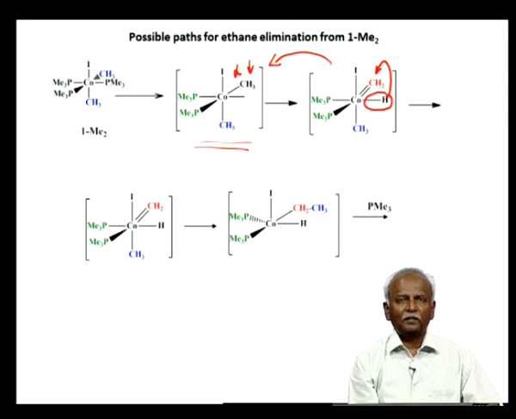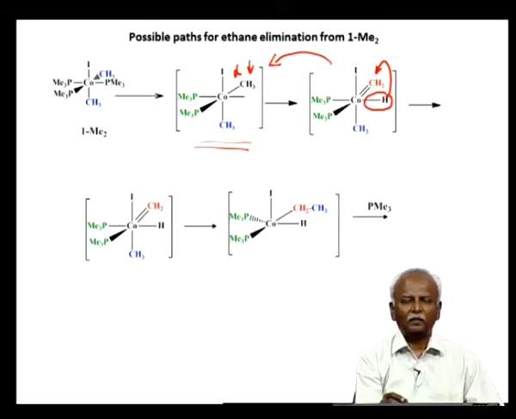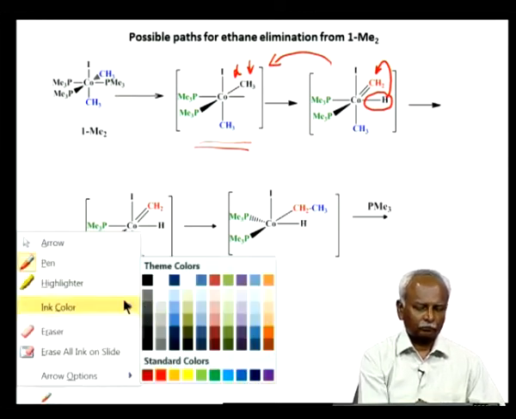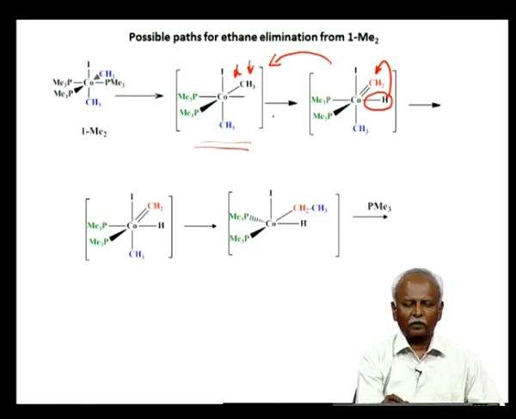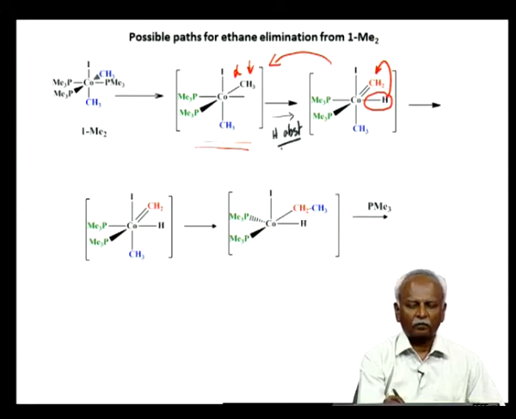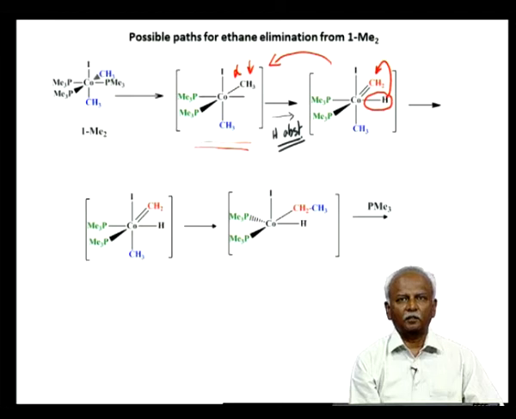You can think of this as a nucleophilic attack of a hydride onto a neutral methylene group. So, this is a migratory insertion and its reverse. What we are talking about in the forward reaction is actually the hydrogen abstraction. This is the hydrogen abstraction reaction.